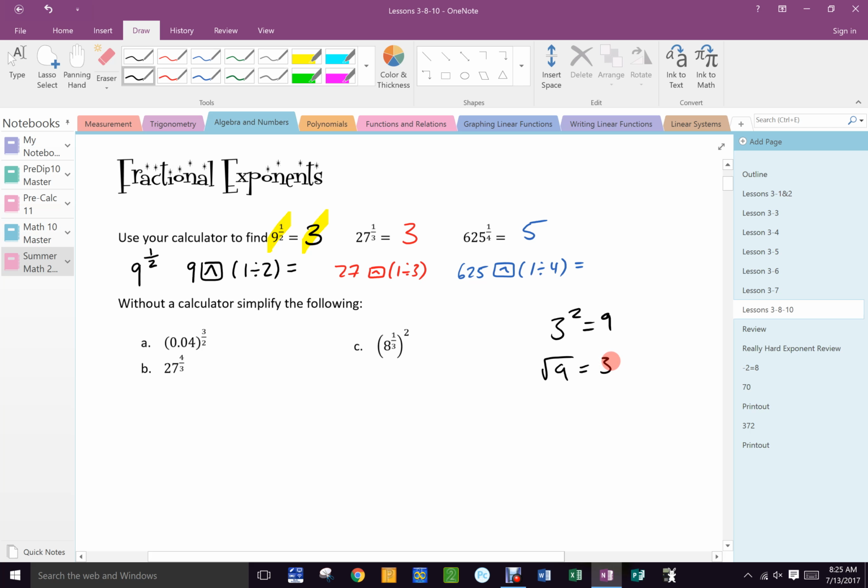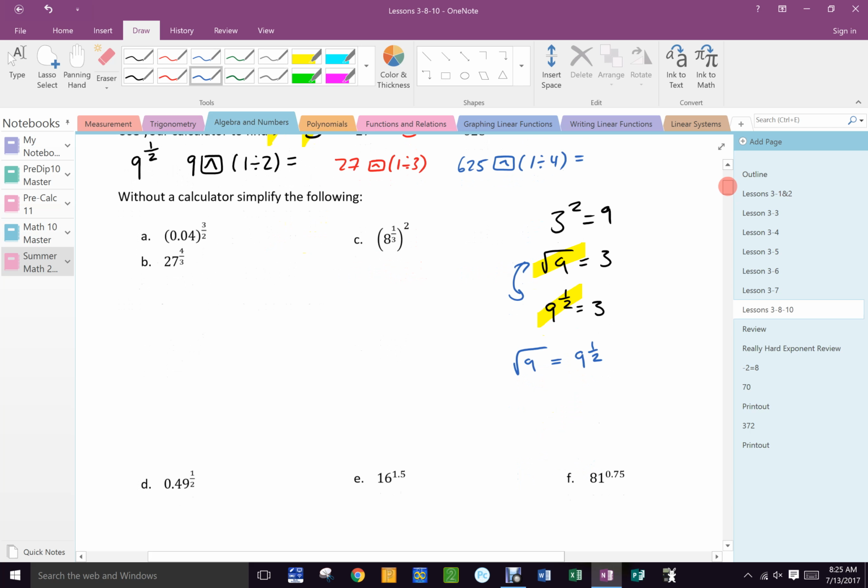What else did we just find out equals 3? 9 to the 1/2 also equals 3, yes? If this equals 3 and this equals 3, then what do we know about these two? They're the same thing as well. So the square root of 9 must equal 9 to the 1/2. Yes?